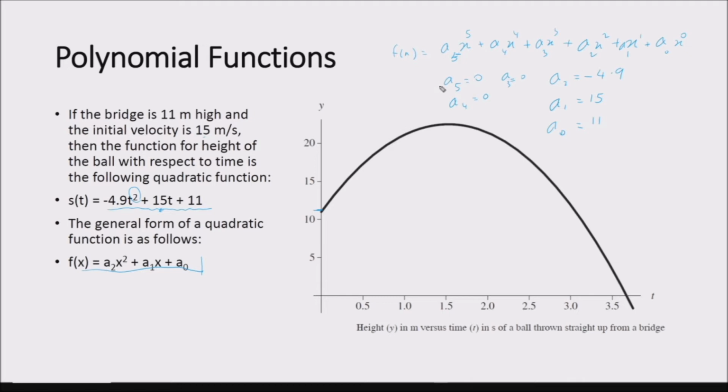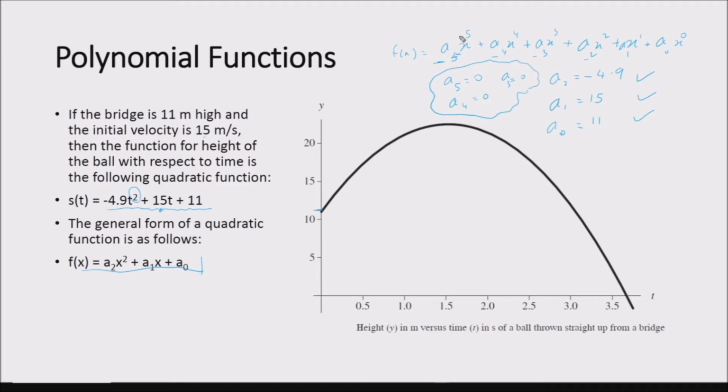But whatever the value of the coefficient in front will decide whether you want to keep this term or not. So these are the ones that you keep, and these are the ones you don't. Why is this 0? Well, if you multiply anything by 0, it gives you 0.